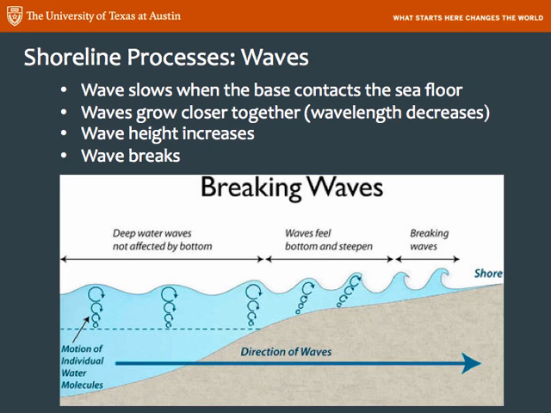And when that happens, the moving water that is in contact with the ground slows down, and therefore the top starts to tip over and eventually break. So the distance where that happens is where that magic half wavelength depth is the water depth. That's where the waves begin to swell and then ultimately break.